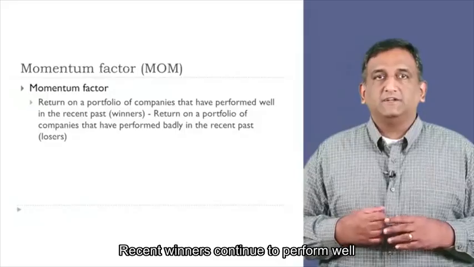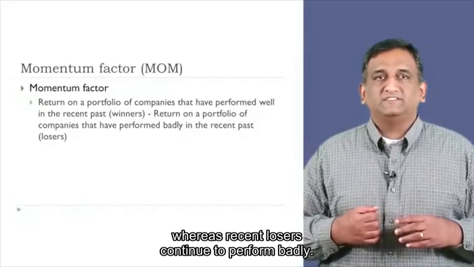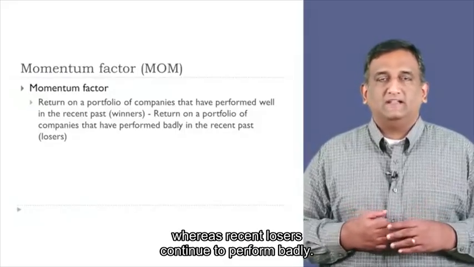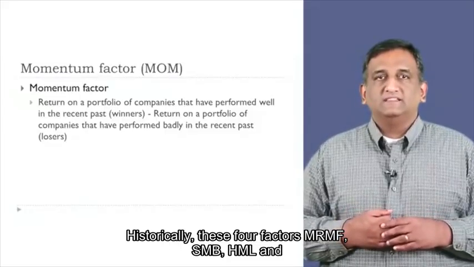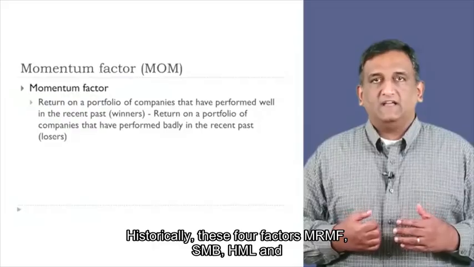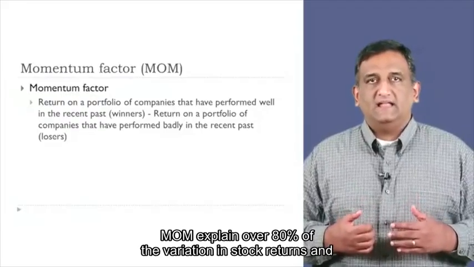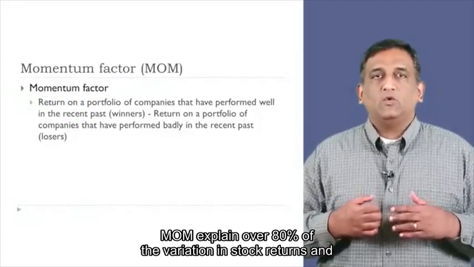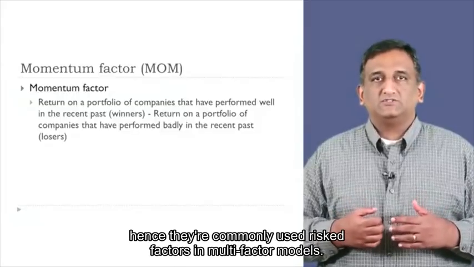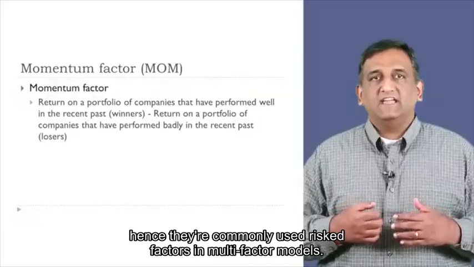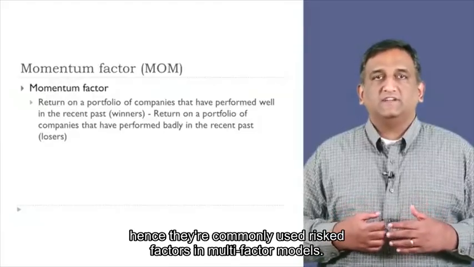Recent winners continue to perform well, whereas recent losers continue to perform badly. Historically, these four factors, RMRF, SMB, HML, and MOM, explain over 80% of the variation in stock returns, and hence they are commonly used risk factors in multi-factor models.